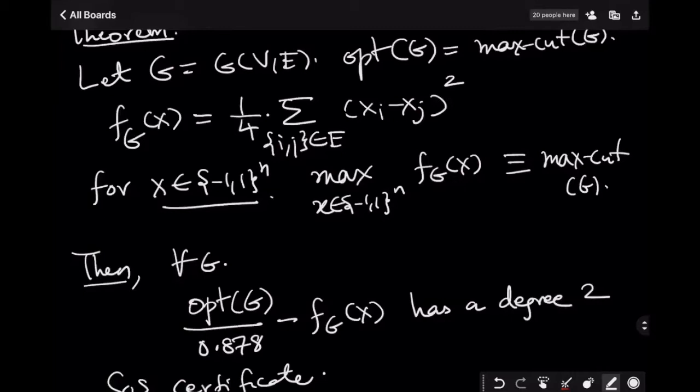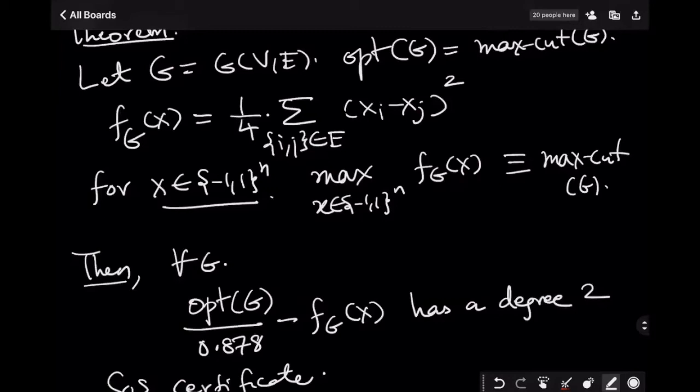And so if opt(G) minus F_G(X) has a degree 2 certificate, then we know that degree 2 sum of squares, at least up to the slack of epsilon, can compute this opt(G). Right? And so what we're saying is that we can't quite do that. In fact, we can't expect to do that because this problem is NP hard.